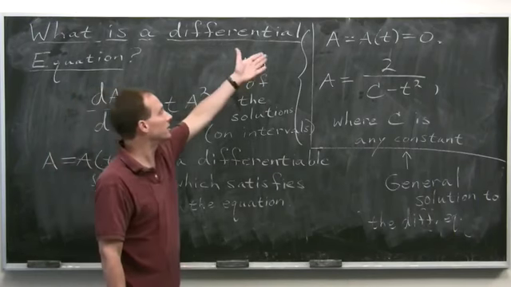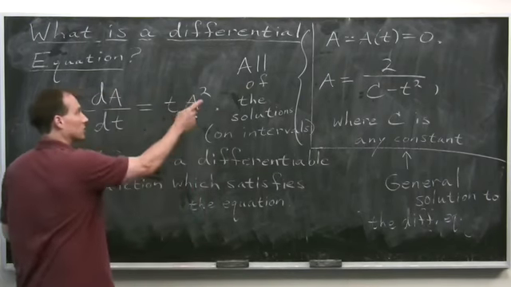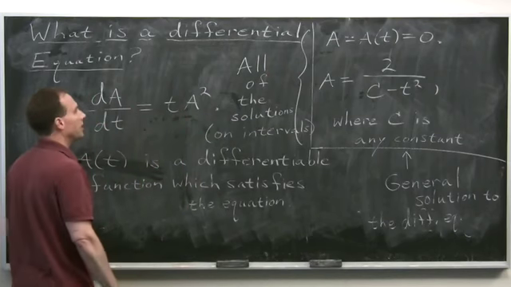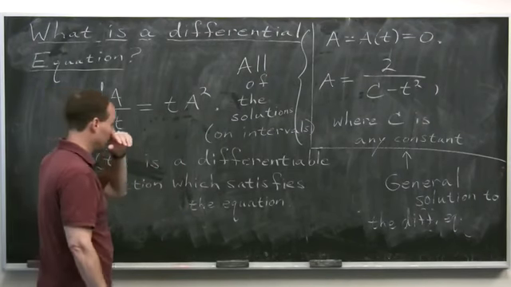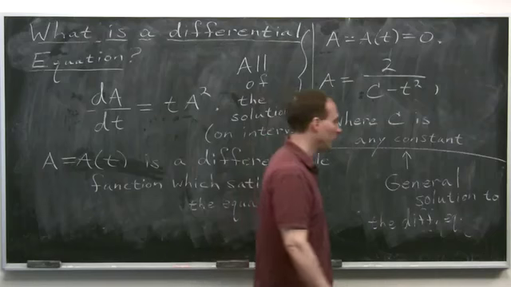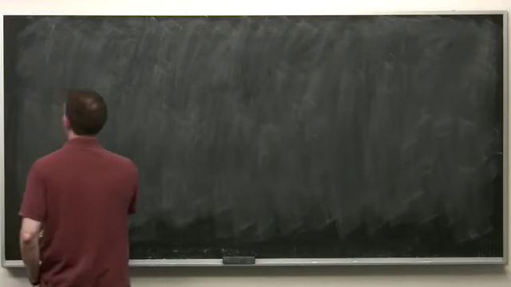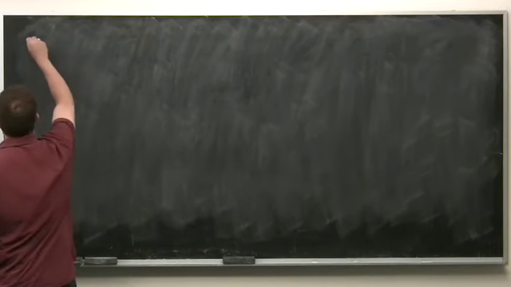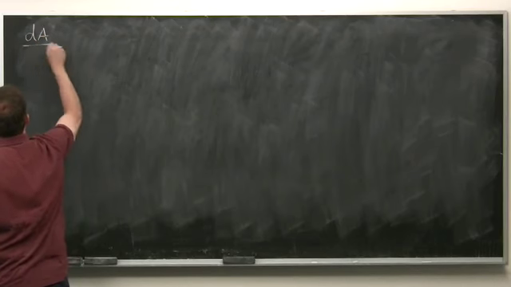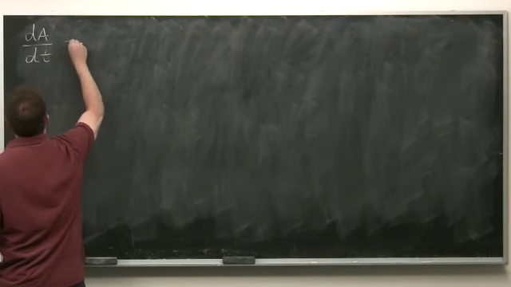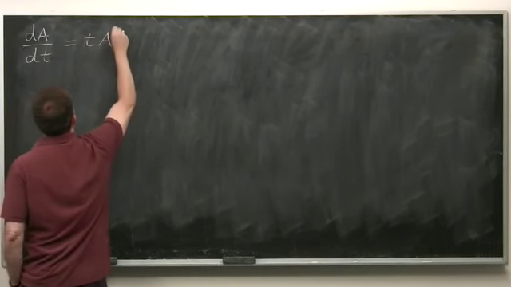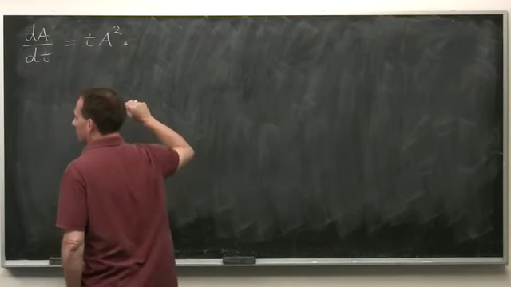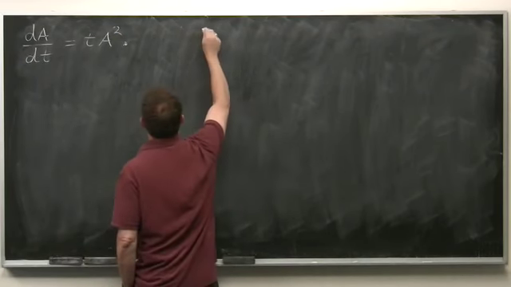What does it mean to say that these are solutions to this? It means if you stick those functions in here for A, this differential equation is satisfied. So it's never supposed to be an issue to verify that something is a solution to a differential equation. Producing the solutions, that's something else. But verifying that some things you're handed are solutions is easy.